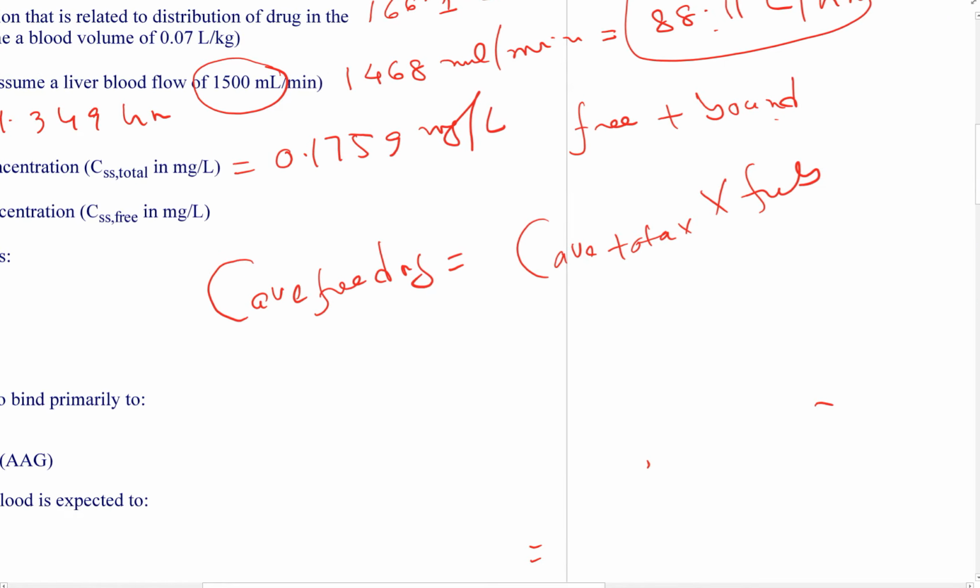So we know that total drug is 0.1759 times FUB, which is 0.5. It's going to be 0.0879 milligram per liter.